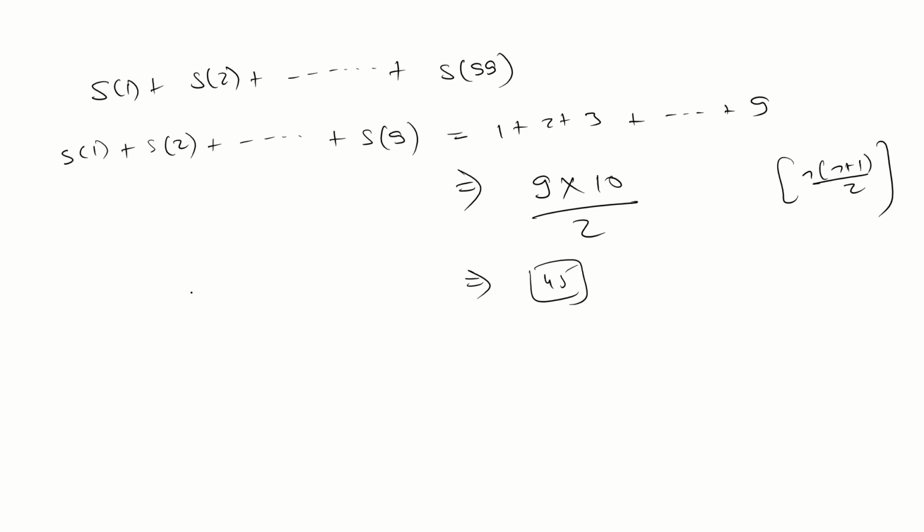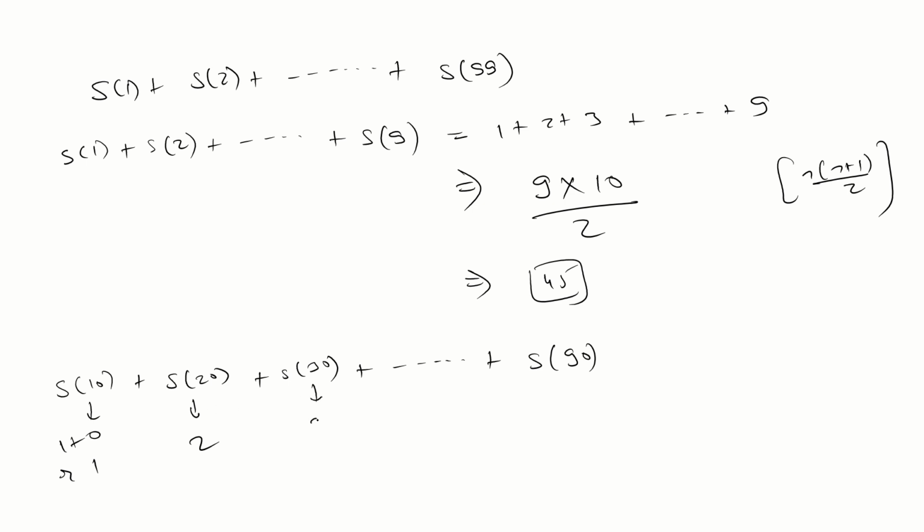Guys, can we do something similar for S of 10 plus S of 20 plus S of 30 plus dot dot dot plus S of 90? Because guys, 1 plus 0 is 1, similarly 2 plus 0 is 2, 3 plus 0 is 3, up to 9.